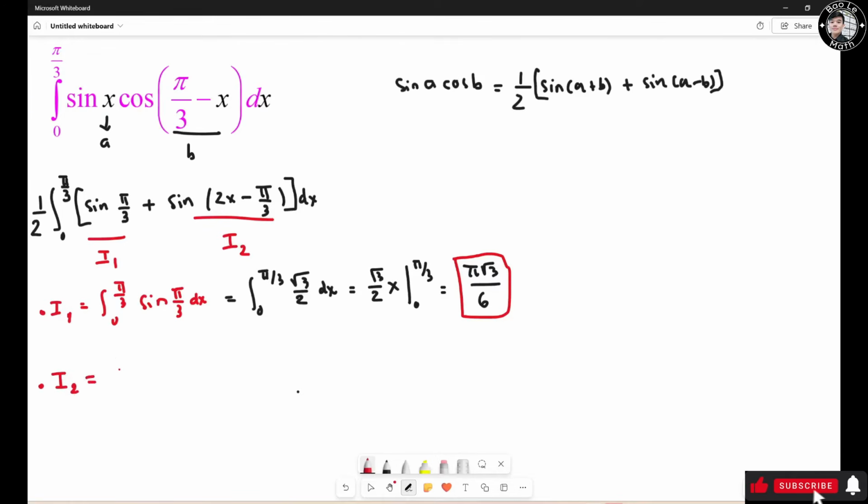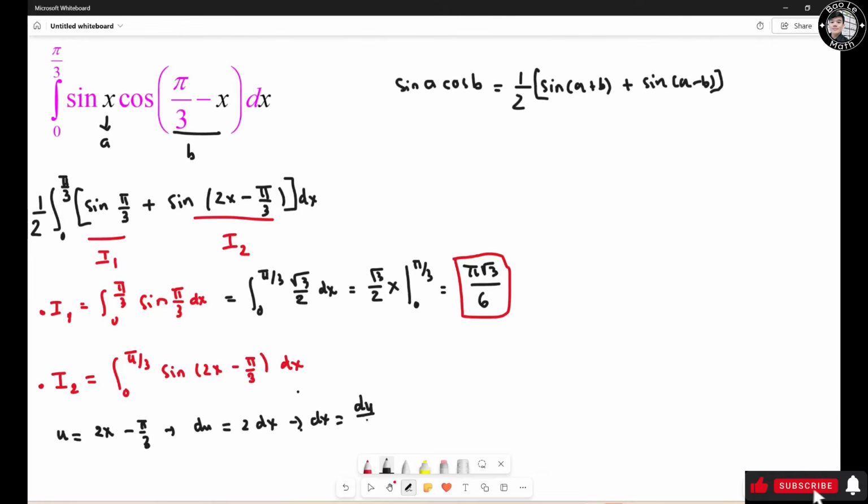I2 equals the integral from 0 to pi over 3 of sine of 2s minus pi over 3 ds. Now we're going to use substitution. Let u equal 2s minus pi over 3. Then du equals 2 ds, or ds equals du divided by 2.